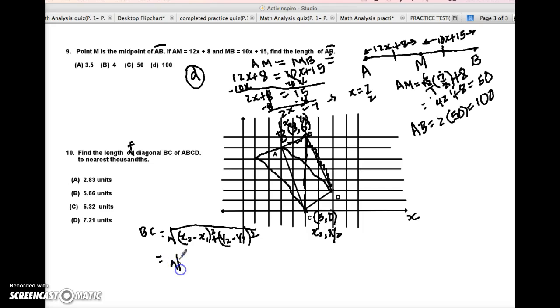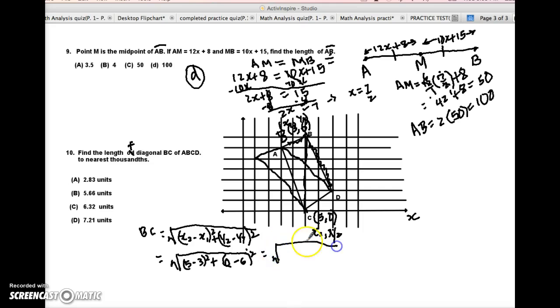So my distance between point B and C will be x2 minus x1, which is 5 minus 3, squared, plus y2 minus y1, which is 0 minus 6, squared.